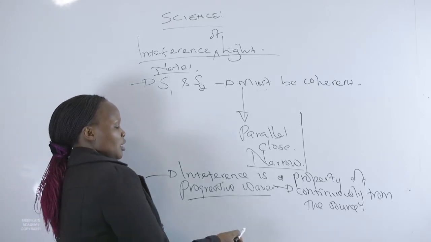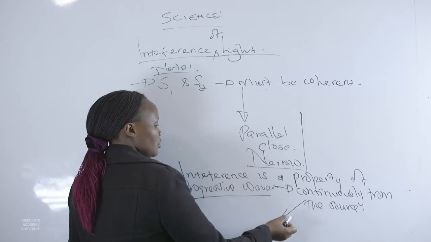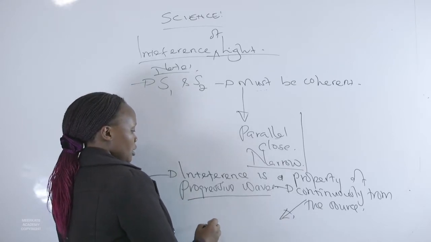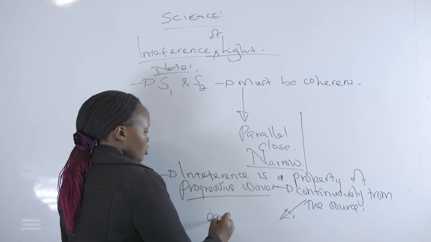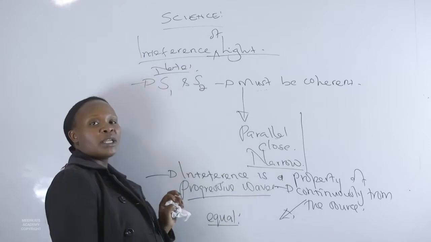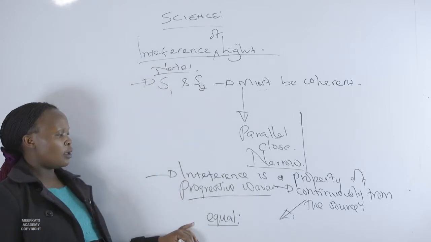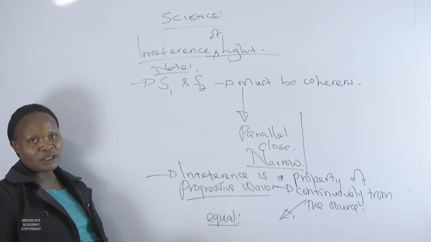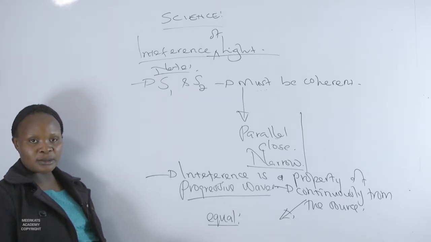We said that for two waves to interfere, they have actually to be equal. And by equal, we mean they are progressive, they have some wavelength, they have some speed, which is almost equal to each other's speed.